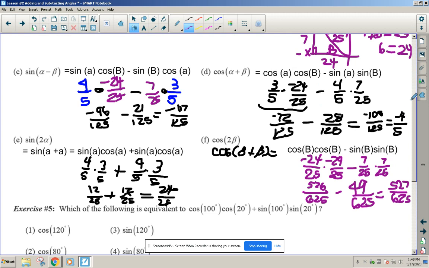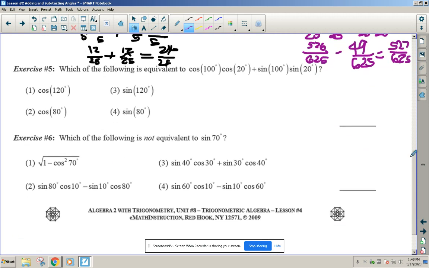And finally, we get to the last one on here. It tells us, oh no, last two, excuse me. Which of the following is equivalent to cosine of 100, cosine of 20, sine of 100, sine of 20? Now you look up at the formulas and you notice that this is matching with the cosine of A minus B, where your 100 would be your A angle and your 20 would be the B angle.